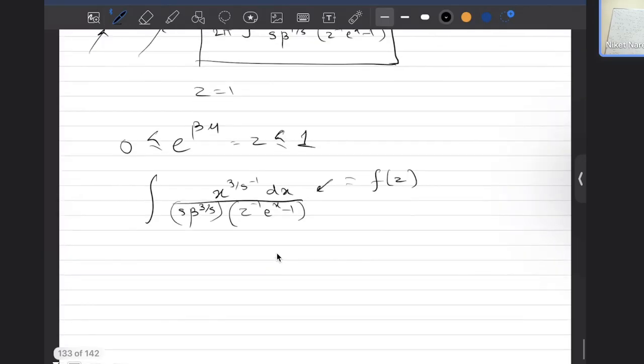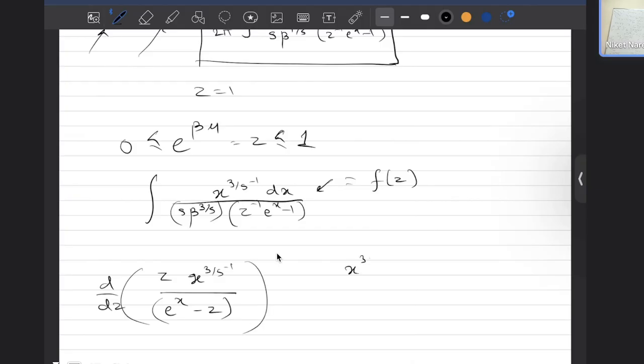Let's take a derivative of this with respect to z. So what I'll get is x power 3 by s minus 1 divided by e power x minus z, minus z x power 3 by s minus 1 divided by e power x minus z the whole square, into minus 1.